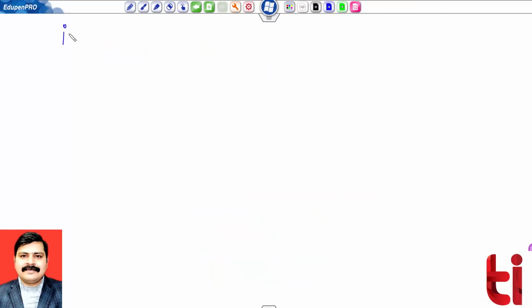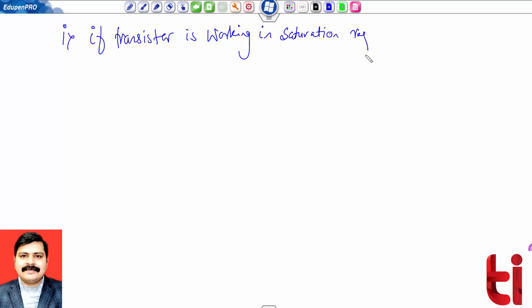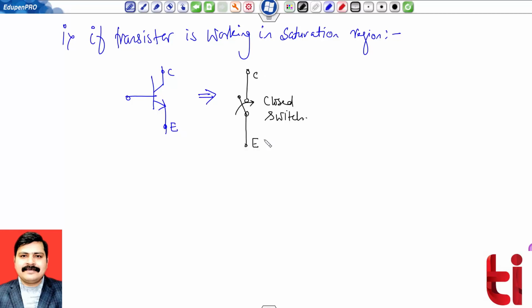First case, if the transistor is working in saturation region, let us try to find the value of R sat, the saturation resistance.